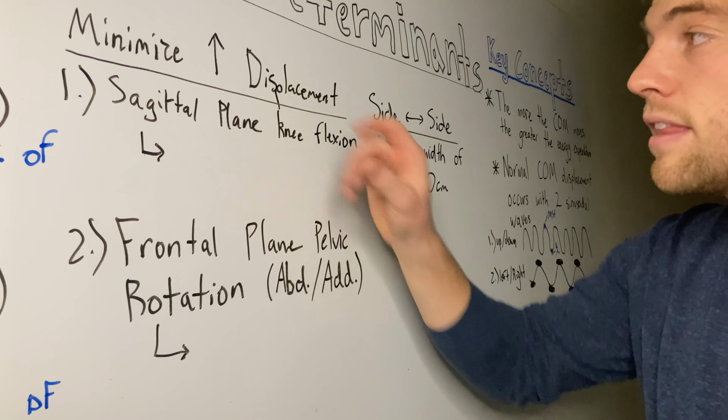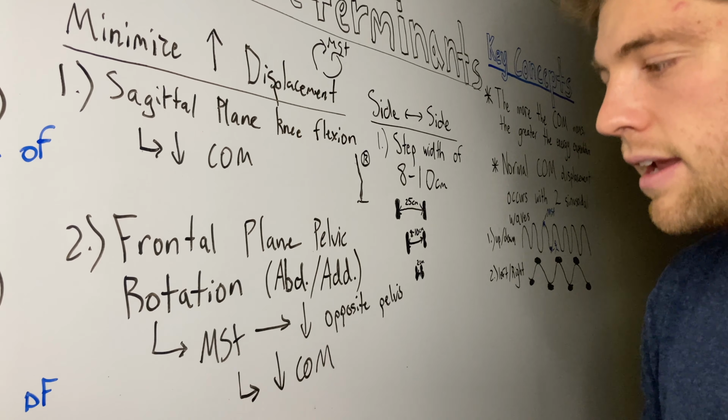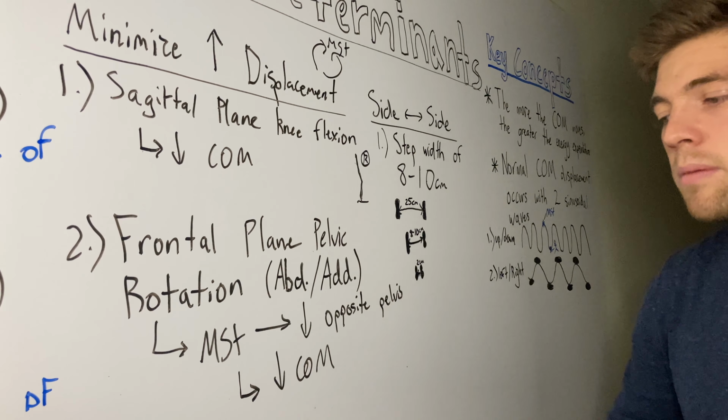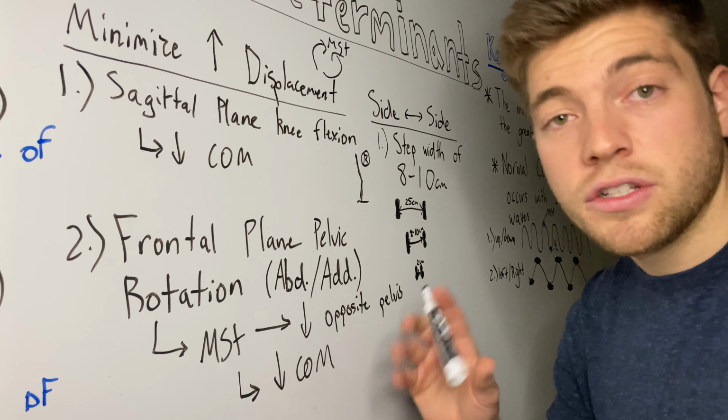It's the same thing. Mid stance, it drops, decreases opposite pelvis. And therefore it's going to lower center of mass. Or like I keep saying, it's the same thing as preventing the center of mass from going too high.